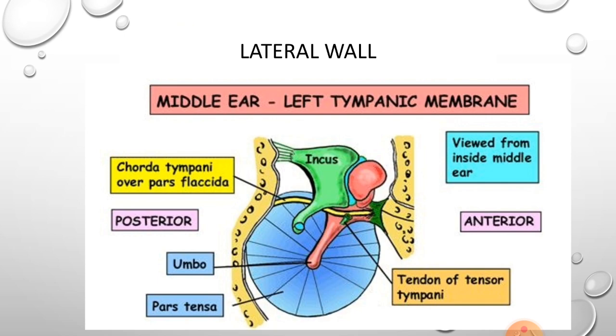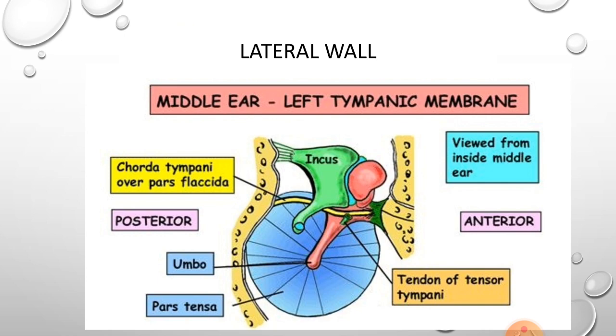Okay, now coming over to the lateral wall of the middle ear cavity, which is the tympanic membrane. Here in this diagram, you can see the convexity of the tympanic membrane. We're having a look at the tympanic membrane from the medial aspect, right?